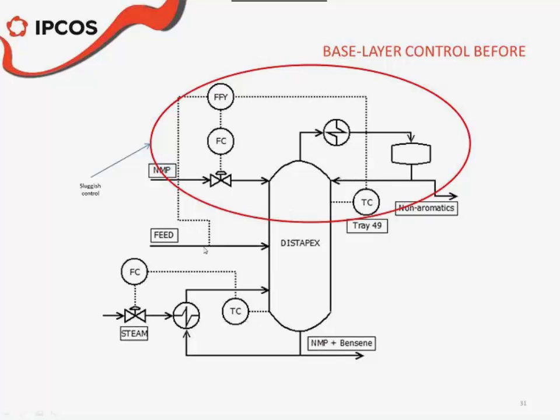That means that if more benzene was going to the column, then this ratio controller was sending more solvent to the column as well, to keep the separation, let's say, at the same state.